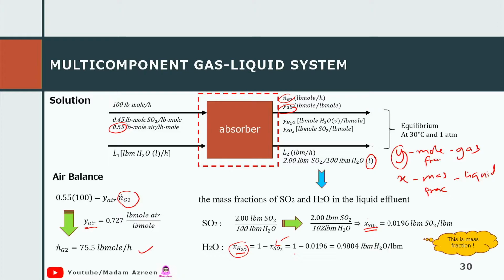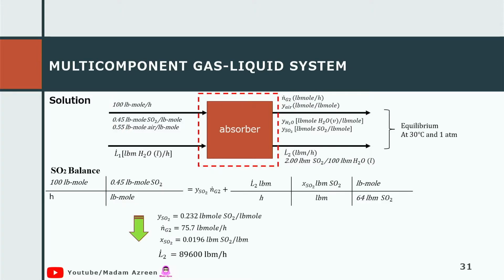And then the next thing to do is a balance. How much SO2 goes into the system, which is this one, equals what goes out at this stream and also out at this other stream.